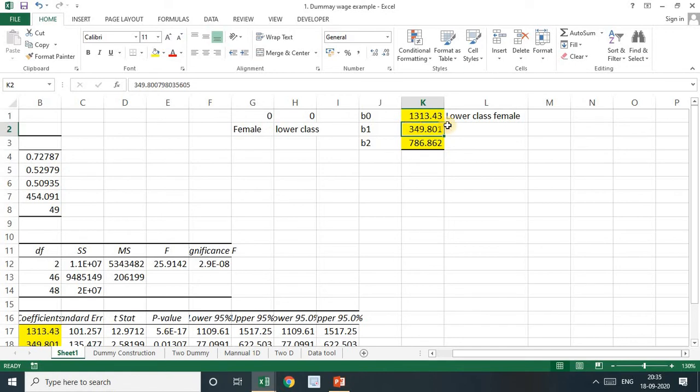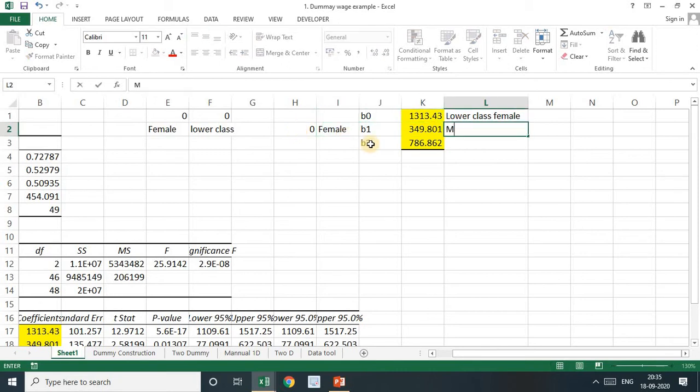Look at beta 1. This is the gender coefficient, and in the gender coefficient, to which category have we assigned 0? Female. So this says that male is getting around 350 rupees extra compared to their counterparts.